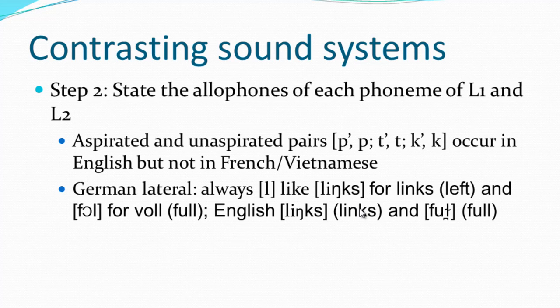While in English, depending on the distribution, when it is at the beginning, it is a regular L. When it is at the end, it is a darker, velar L. So the lip will spread out a little bit. Link, it is curved. And when you say pull, spread out a little bit. Right? So these are the two allophones of L, depending on their distribution, whether they are at the beginning or at the end of the sound.